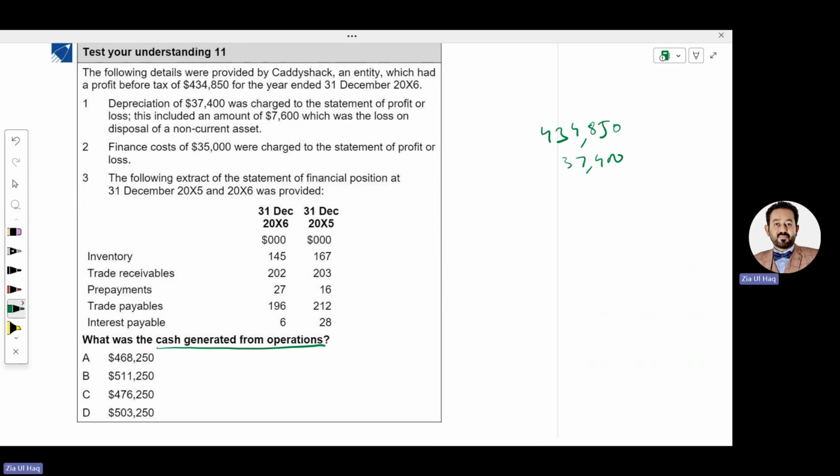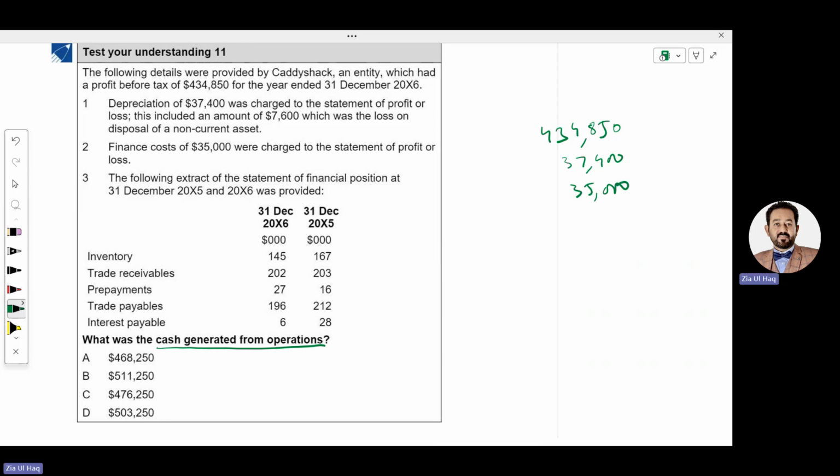Depreciation 37,400 was charged to the statement of profit and loss. Is that 7,600 included in depreciation? The loss also we add back. That's fine, we don't need to even separate it. Finance cost, we have to add interest 35,000.